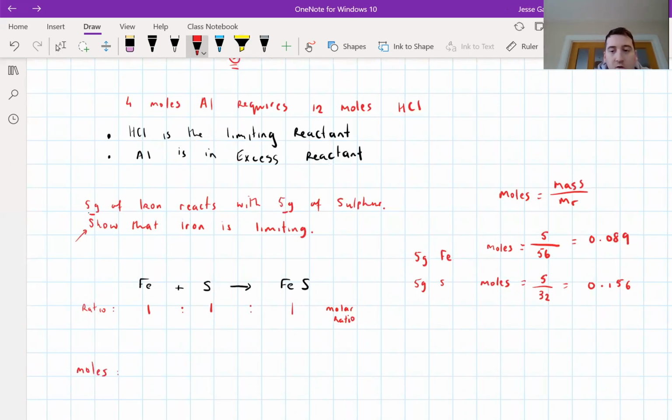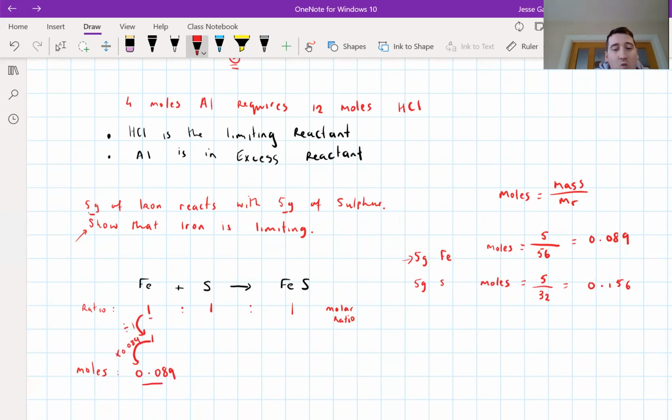So here I'm just going to go with iron because it's the one at the top. I'm going to say, okay, if my target is 0.089 moles of iron, how do I do that? I take my 1, I divide by my first target, which is a 1 in this case. That makes it a 1. And then I times it by the second target, which is 0.089.